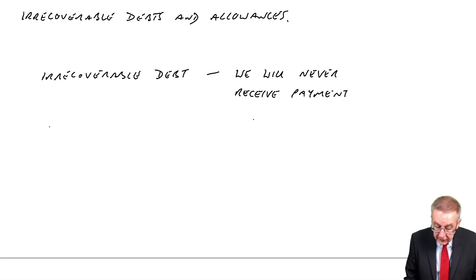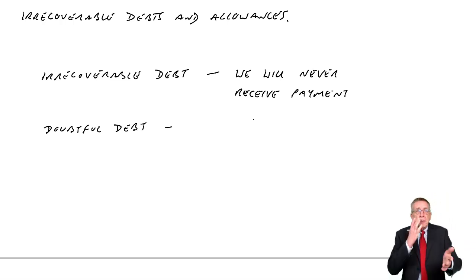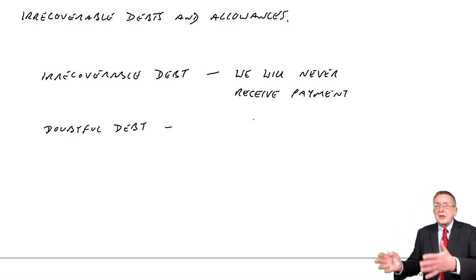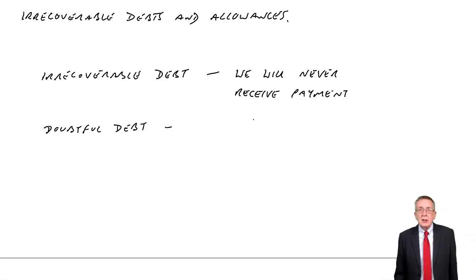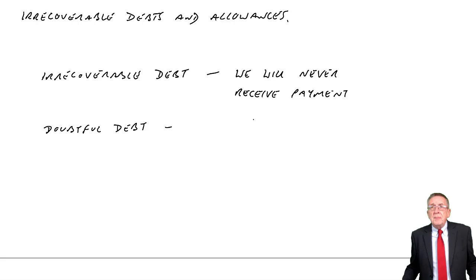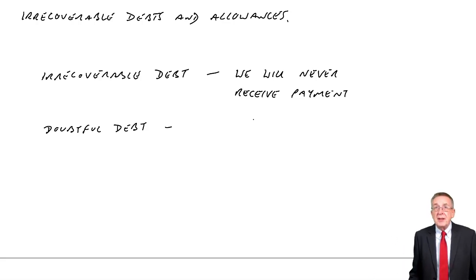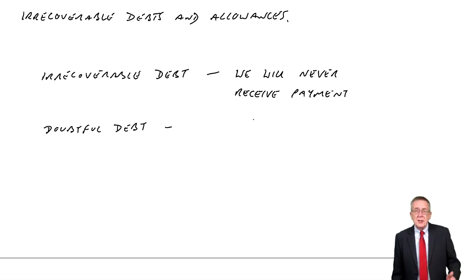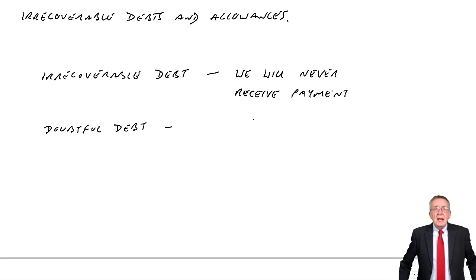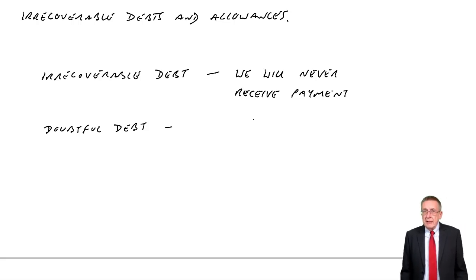The other main bit of terminology is what we call a doubtful debt. Suppose I've sold goods to you and you owe me $100. But you've been owing it to me for 3 months. You know, normally people perhaps pay within a month. I've kept writing to you, but you keep changing address and so on. And so I'm having problems getting the money from you. But I'm determined to keep trying.